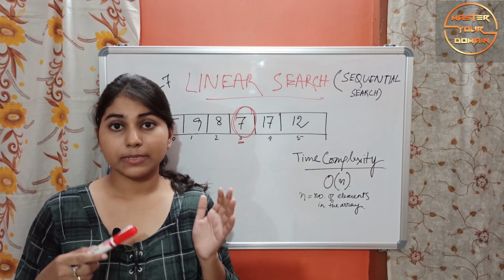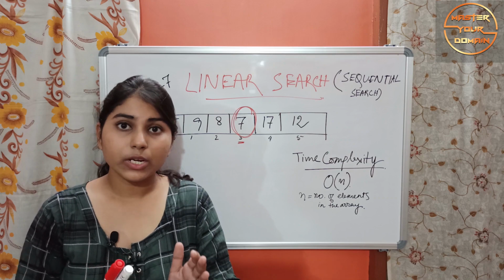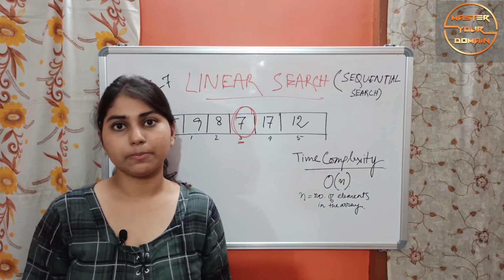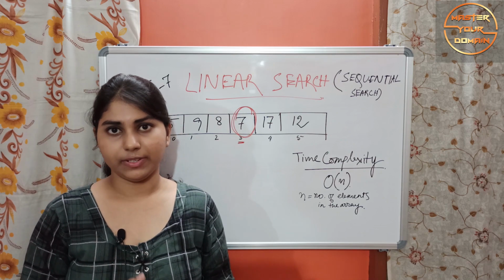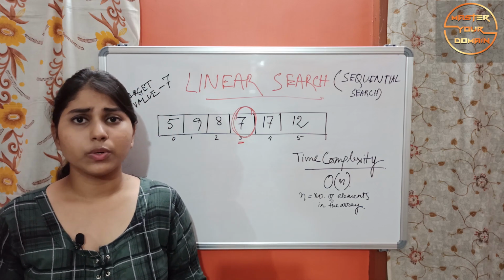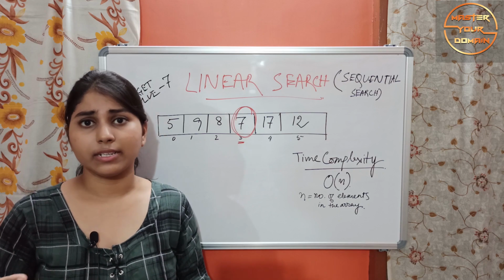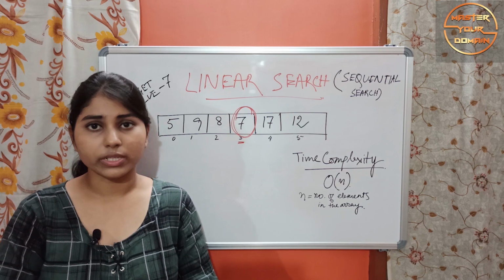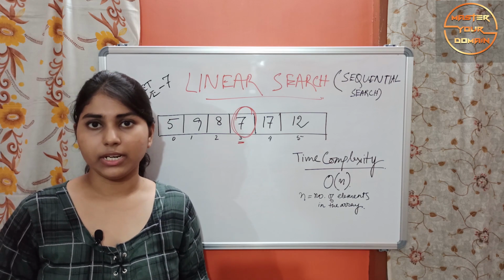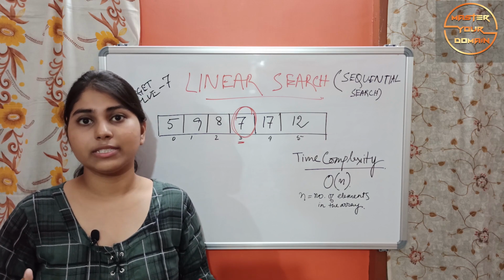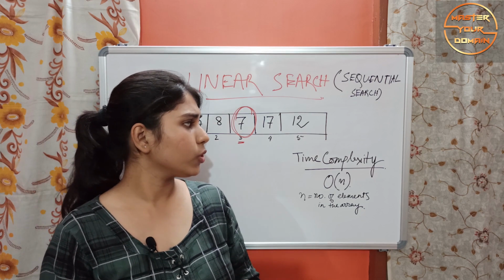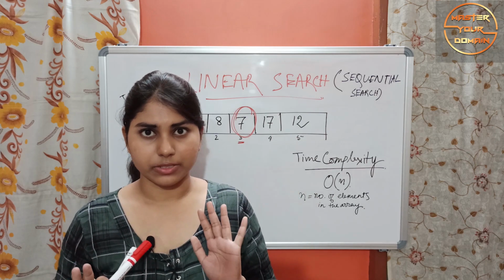The best case takes minimum time for searching, and it can occur when the target element is present at the very beginning of the given array. On the other hand, the worst case can occur when the target element is either present at the last position of the array or not present at all. And here the searching time is the maximum. So this is all about linear search.